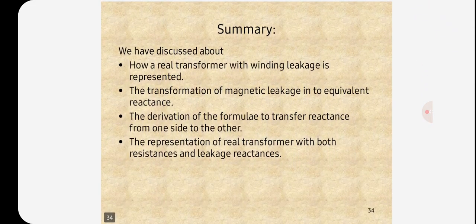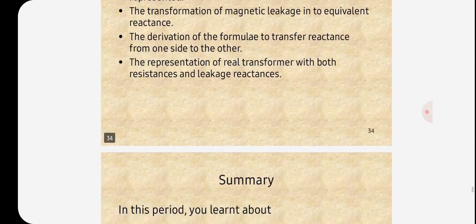So here, in today's class we have learned how a real transformer with winding leakage is represented, the transformation of magnetic leakage into equivalent reactance, the derivation of the formula to transfer reactance from one side to another side, and the representation of a real transformer with both resistance and leakage reactances.